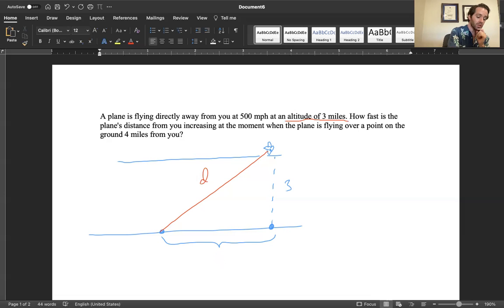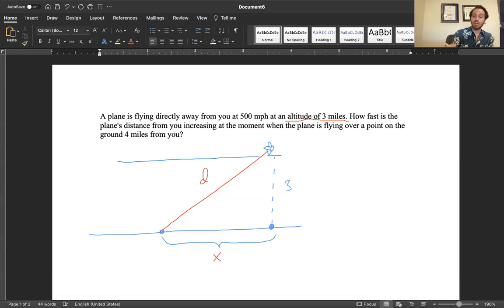So this 3 is constant. That means that we're not going to use a variable to denote that value. But the distance on the ground between you and the point directly underneath the plane is variable because as the plane flies, that's going to change. It's going to get larger the farther the plane flies away from you. So let's call that x.